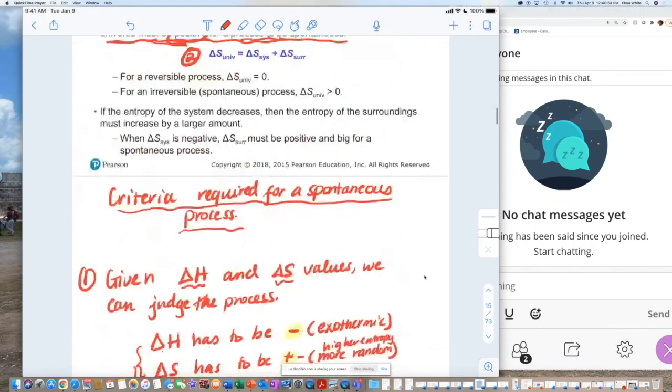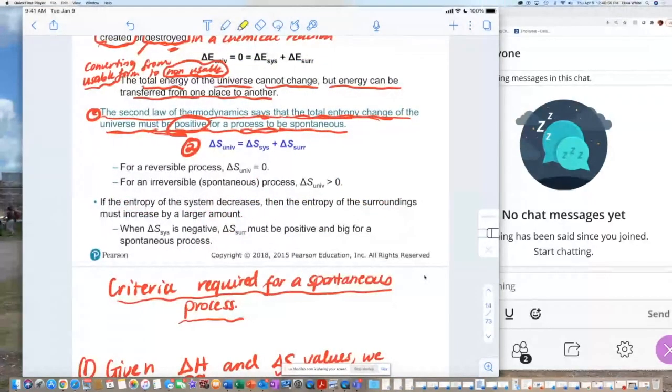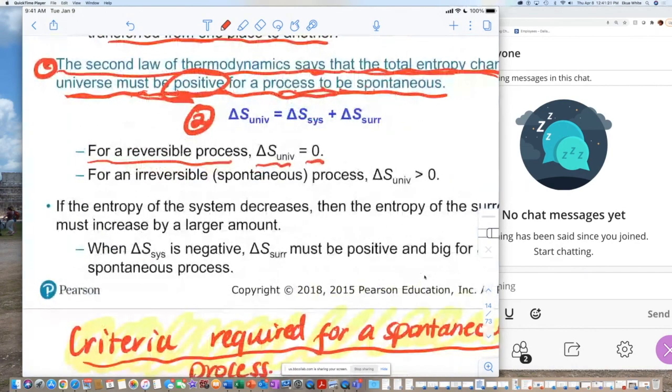In going over the criteria, I've also talked about the second law of thermodynamics, in the context of using this information to judge reactions and decide whether they are spontaneous. If we have a reversible process, delta S of the universe is 0.